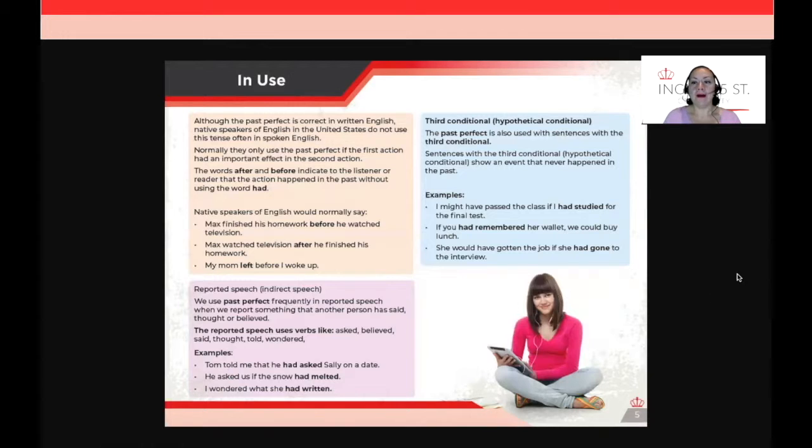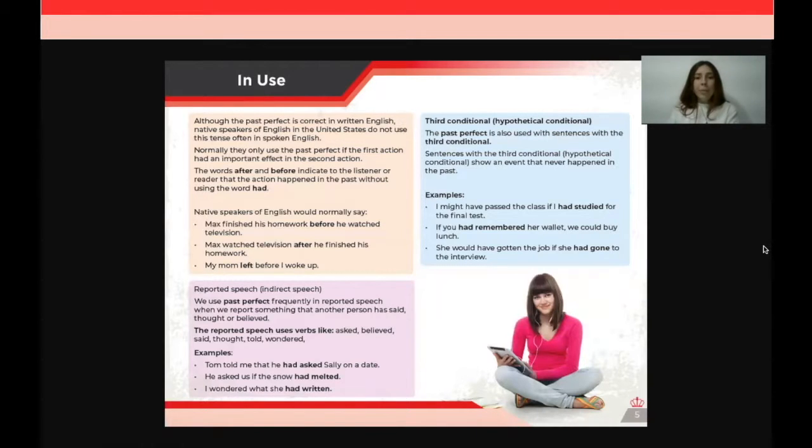Okay? Mari, third conditional, please. Okay. Third conditional, hypothetical conditional. The past perfect is also used with sentences with the third conditional. Sentences with the third conditional, hypothetical conditional, show an event that never happened in the past. For example, I might have passed the class if I had studied for the final test.